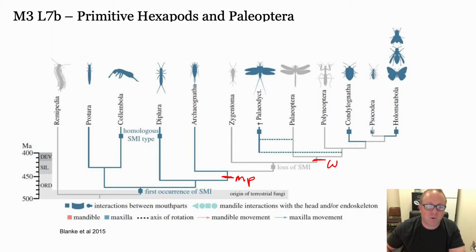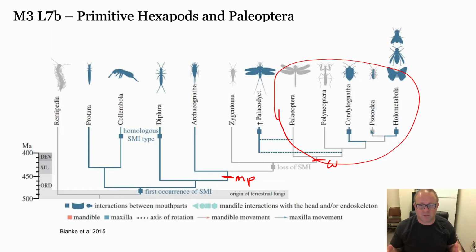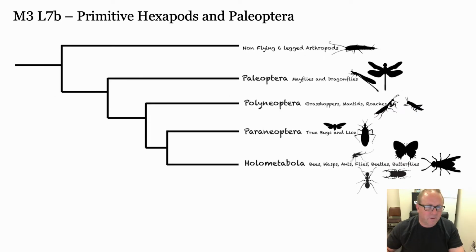Wings are even more important than external mouth parts, probably because all the rest of the insects come from these insects that have wings, and that was really, really important. Just hugely important, right? Wings evolved right here. This is where we get our wings. That's so ugly, I apologize. And now we're talking 50 million plus species, over the last 400 million years, so probably more than 50 million species.